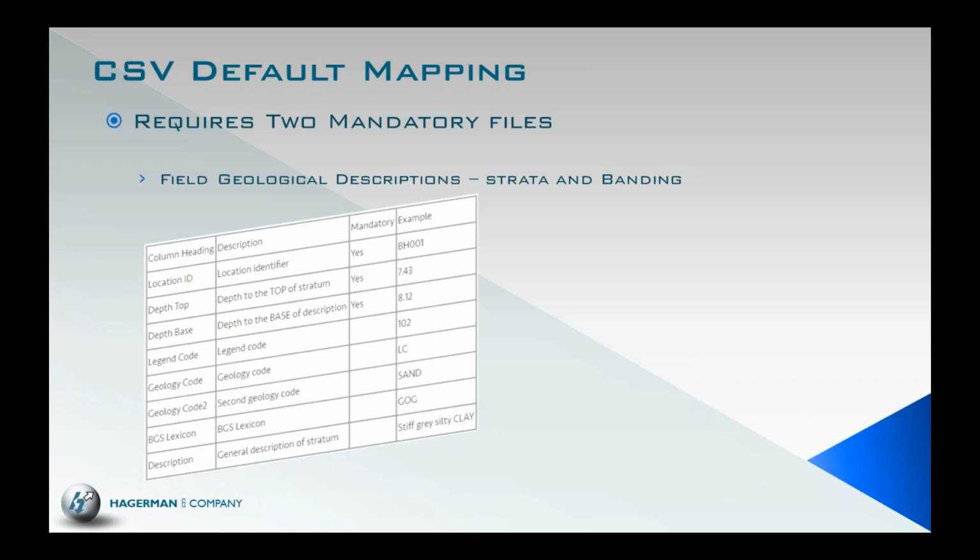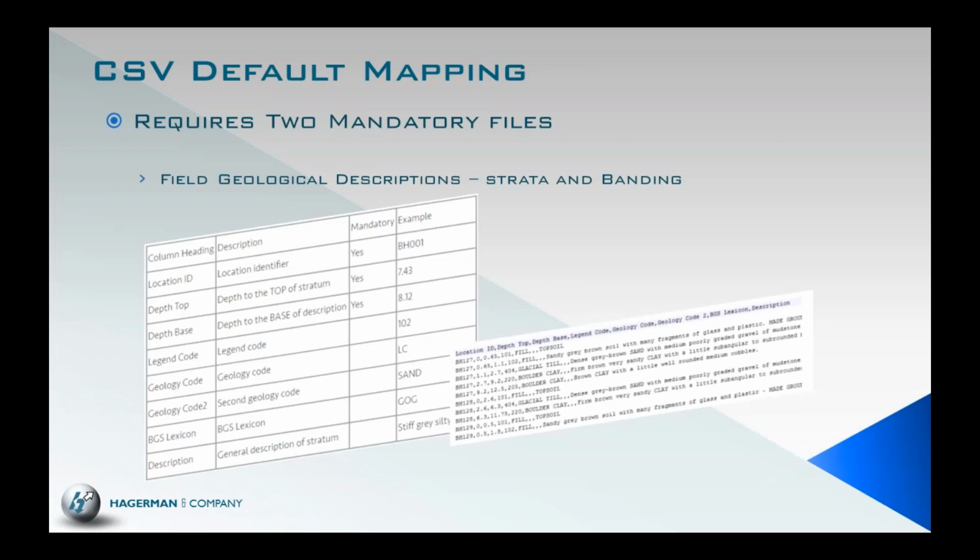Okay, we don't necessarily need a code for legend, geology, or geology code 2. Okay, we don't even need our general description of stratum. Well, stiff gray silty clay, that does come in handy, but it is not necessary. And again, this is what it will look like when you download the ASCII file and it's presented to you and placed on your hard drive or your network.